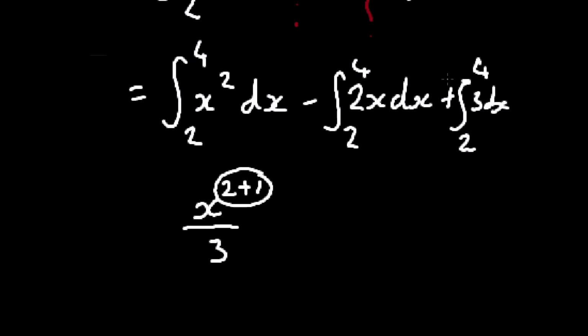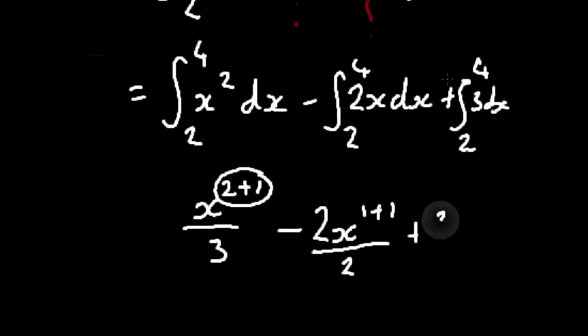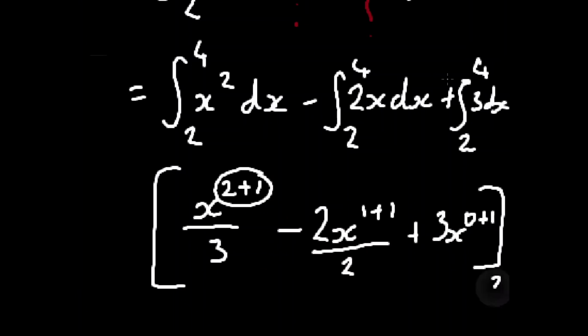So that becomes 3, and then minus 2, and it was originally just to the 1, but that's now to the power of 2, and then plus, now 3x was originally to the power of 0, so we just add 1.